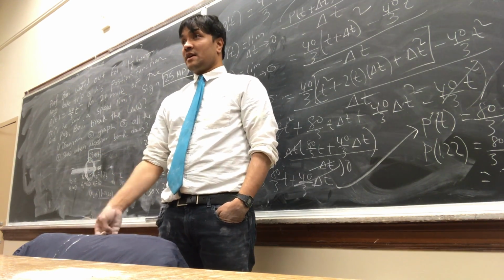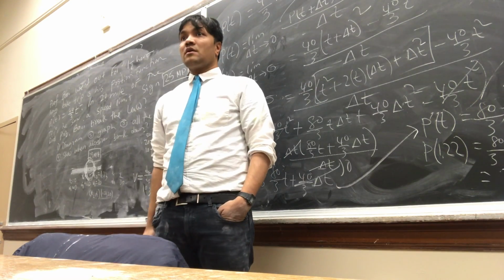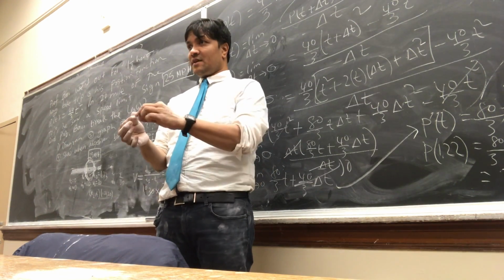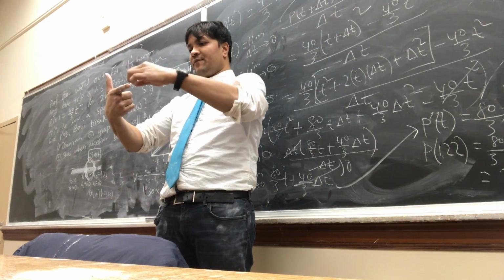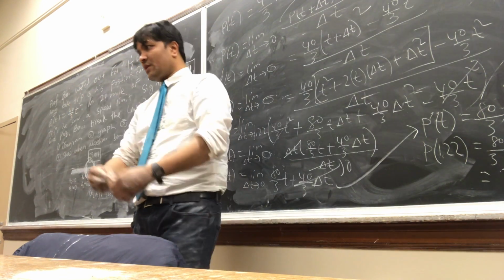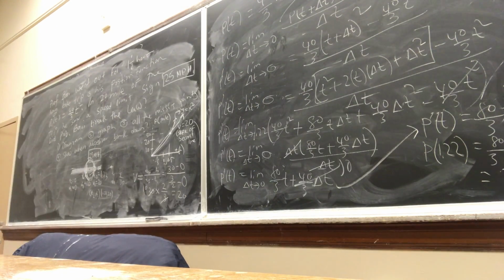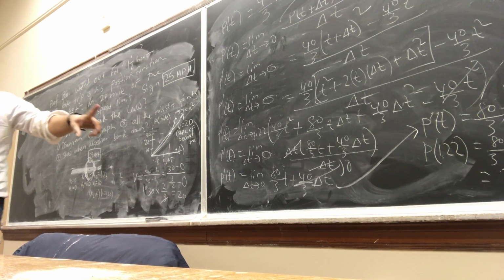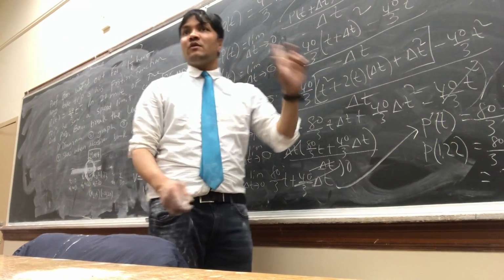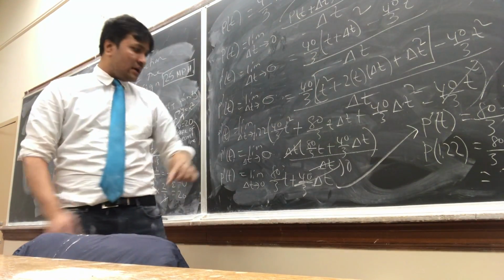If I drop a chalk, what is the velocity of the chalk? Someday I'll ask you to find the velocity of the chalk right here, and you're going to find it. That is instantaneous velocity, by using calculus. So we're going to now do the final thing, and I'll let you go.